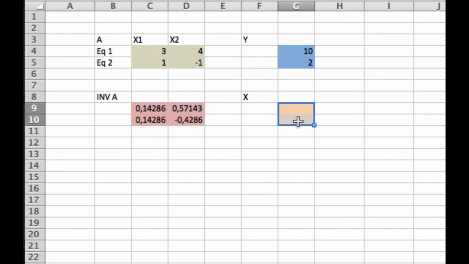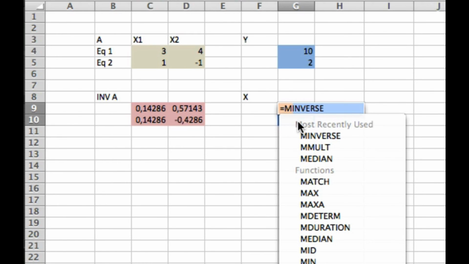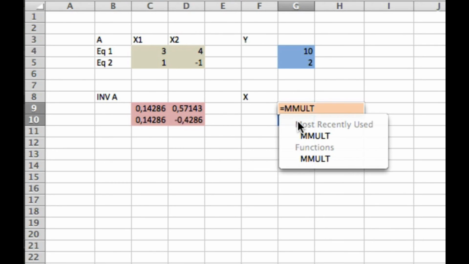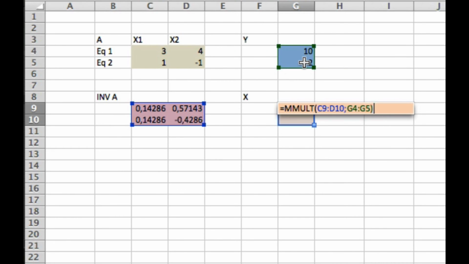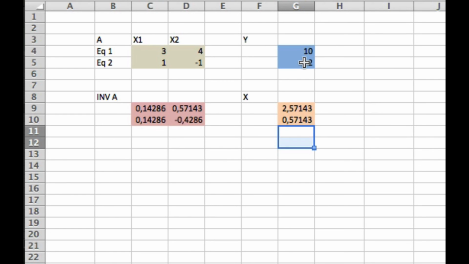Then we want the results right here, and that equals MMULT. That means matrix multiplication. We need two arguments. First the inverse, and then the right-hand side, y. We close, and we hit Command Enter, and we get the solution.